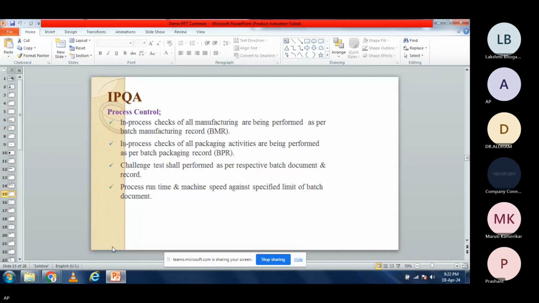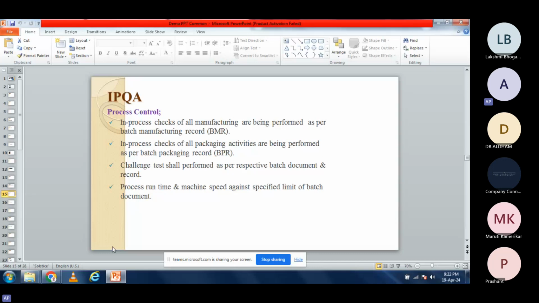Process control. What we understand from process control is that the in-process checks of all manufacturing are performed as per the manufacturing records. For manufacturing any product in the pharmaceutical industry, there are documents called batch manufacturing record, batch packing record, or batch records. These contain each and every aspect of the product to ensure that a quality product will be the output of this process.